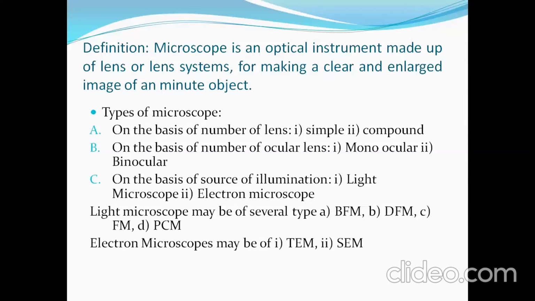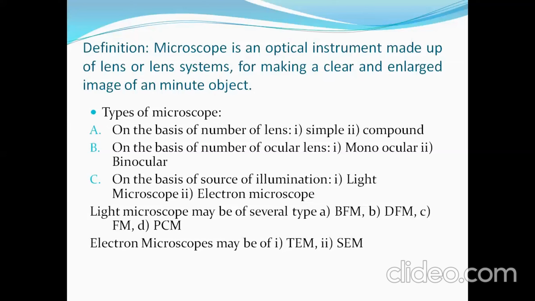Number one is the BFM, that is the bright field microscope, where the field appears bright and the specimen appears dark. Clear? This is the bright field microscope which we normally use in our daily practical work in the laboratory.